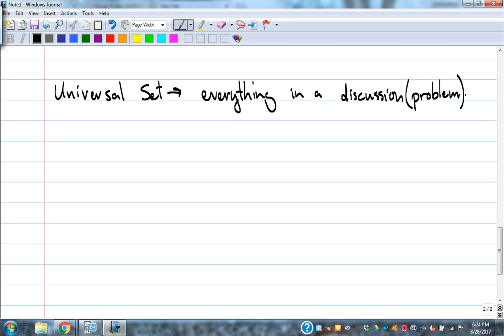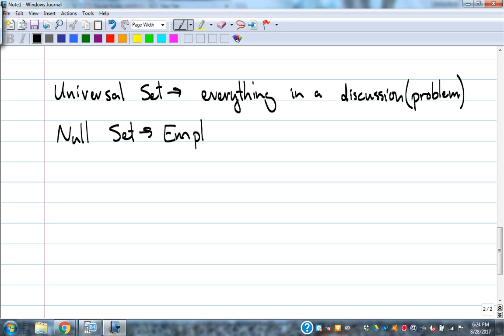So like on the previous two problems, the universal set was the natural numbers because that's the big set of numbers that we were talking about. The description narrowed it down to those 6 elements, but the universal set was the natural numbers because that's everything that was in the problem.